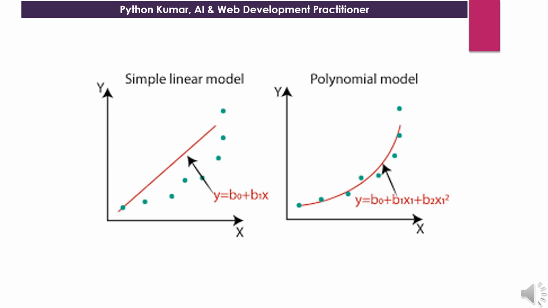We want to figure out the curved line, and using that curved line later we will predict, if study time and some other variables are given, what would be the math score that I get. That is polynomial regression.